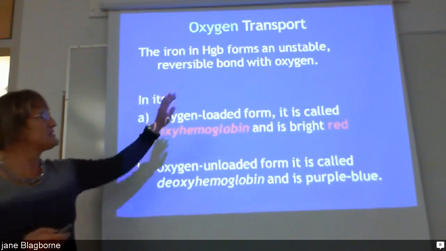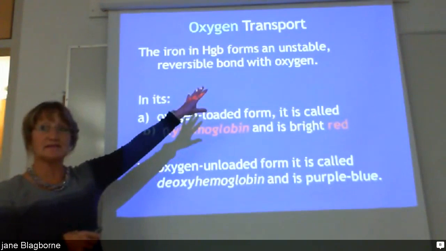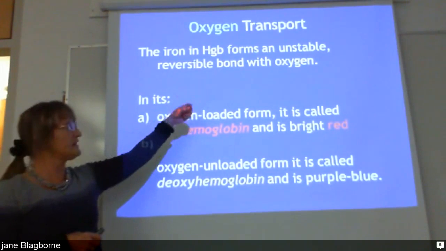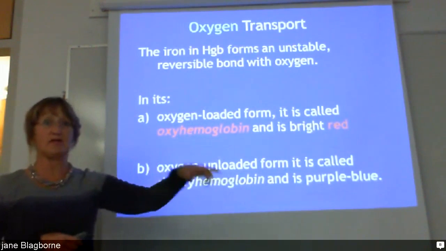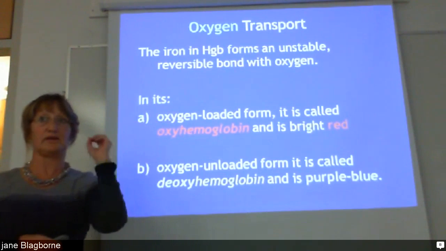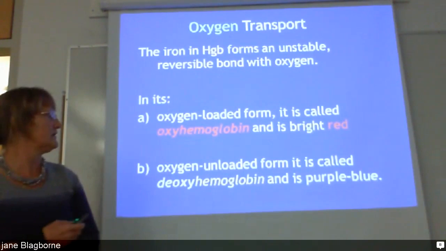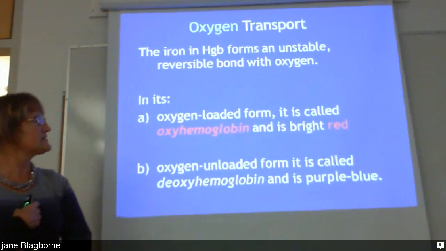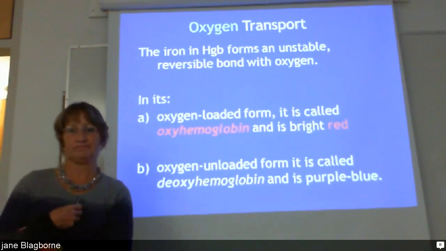The reason it's good that it's unstable and reversible is that they can give up the oxygen to the cells. If it was stable, then the red cell wouldn't give the oxygen to the cells. So unstable and reversible is good.